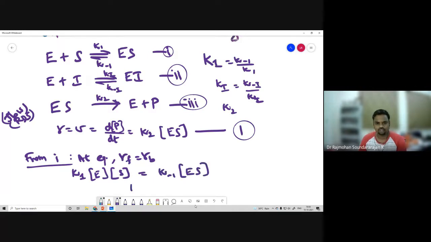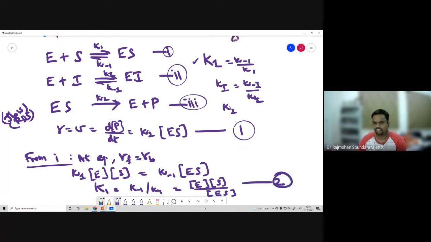So K minus 1 divided by K1 is equal to capital K1, the dissociation constant, which is E into S by ES. Let it be equation number 2.